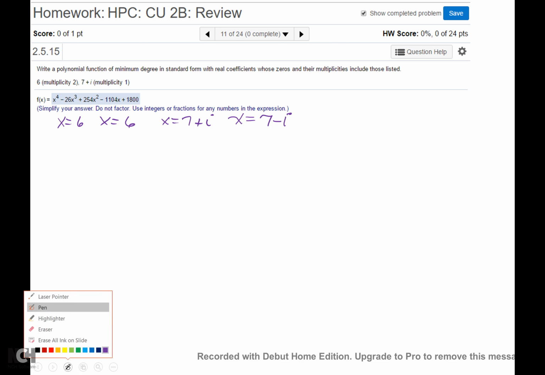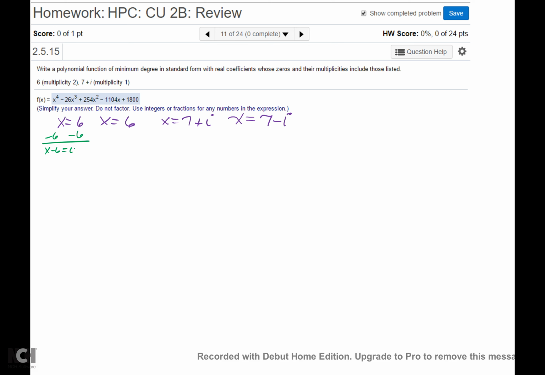Okay? Now again, I want to write a function, which means I don't want to multiply my zeros together. I want to multiply my factors together. So just like we did before, x minus 6 equals 0, x minus 6 equals 0.